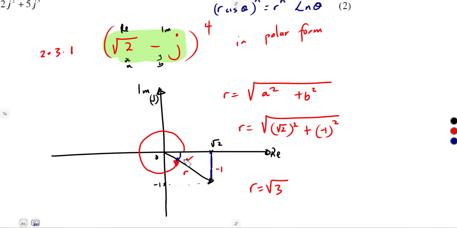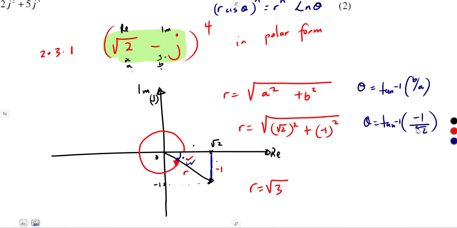Then for this acute angle, which is inside of our triangle, I'm just going to call it alpha, but that's our theta. It's arctan, the opposite over the adjacent. According to the formula, it's b over a or y over x, depending on the way you have written it. So it's going to be arctan of -1 over the square root of 2.